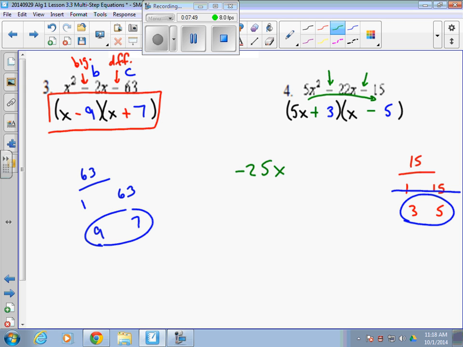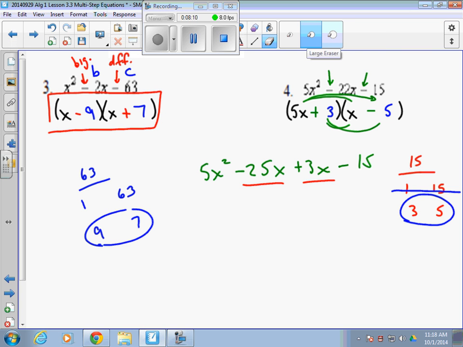That was the outer terms. The first terms, 5x times x, is 5x squared. That's what we're trying to get. Then your inner terms, 3 times x is plus 3x, and your last terms, 3 times negative 5 is minus 15. Combining negative 25x and positive 3x, you get negative 22x, and that's what we were trying to get to.